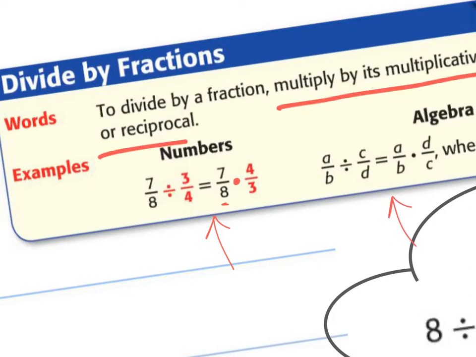If we look over here, A over B divided by C over D, I keep A over B, I change it to multiplication, and then I'm going to flip my second fraction, and so it's going to be multiplied times D over C.